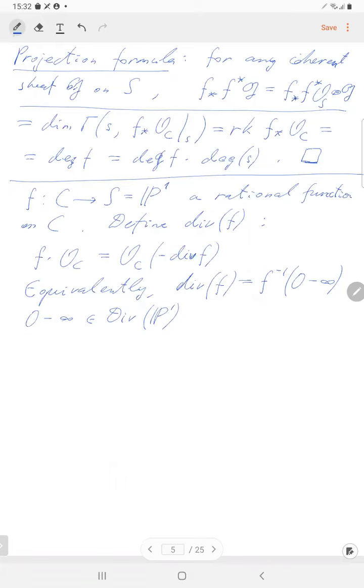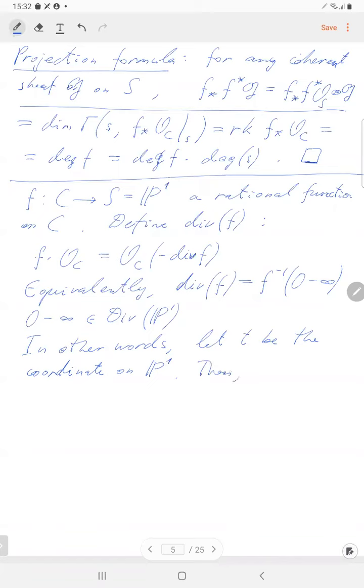Okay, or maybe we can phrase it differently. Let t be the coordinate on the projective line.